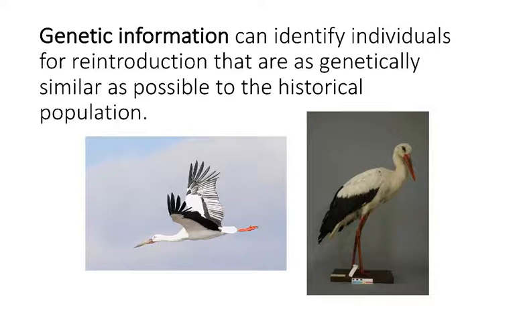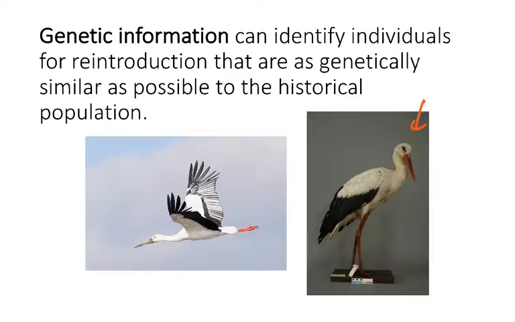And so one of the ways that you can try and figure out which individuals to move into the historic range that are most genetically similar to the individuals that used to live there is use museum specimens. So that's why there's this picture of this stuffed bird here on the right.